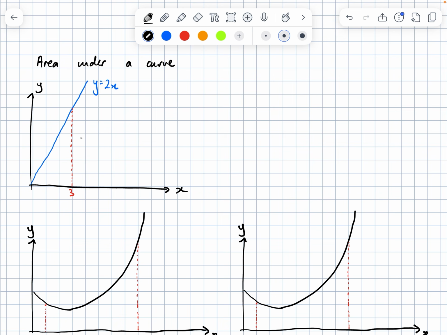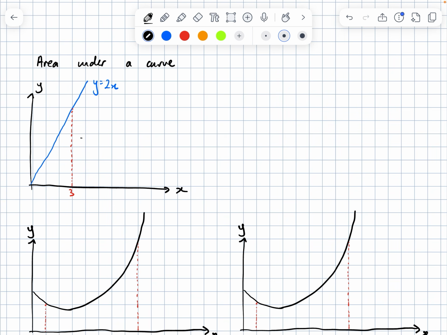In the first example, I've got the equation y equals 2x and I've drawn a line at x equals 3, and we want to find the area under this curve. Now, when the line is a straight line, it's a lot simpler to use basic geometry than any fancy math techniques. We've just got a right angled triangle here where it goes between 0 and 3, so our base will be 3.